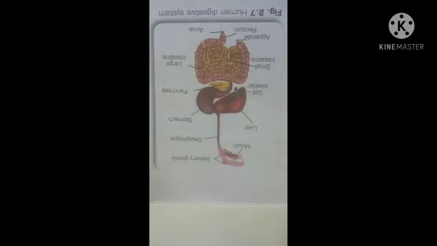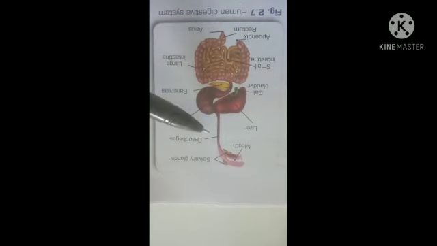It occurs in the alimentary canal. Alimentary canal in the body of human being extends from mouth to anus. You can see the alimentary canal of human being. Now look at here, mouth and nose. Both lead into a common chamber, the nasopharyngeal chamber, which leads to the pharynx.